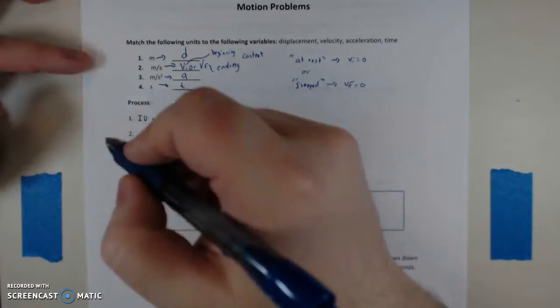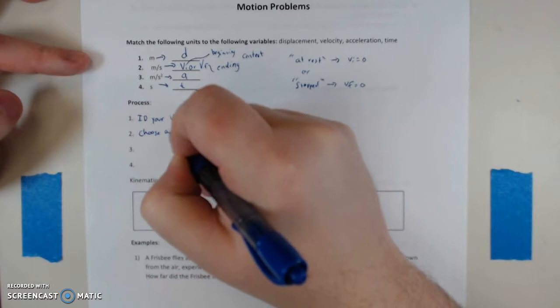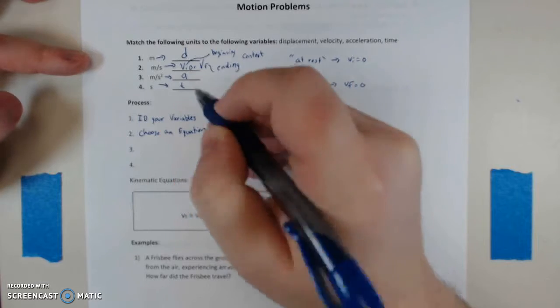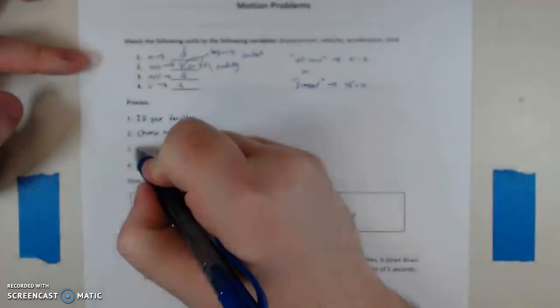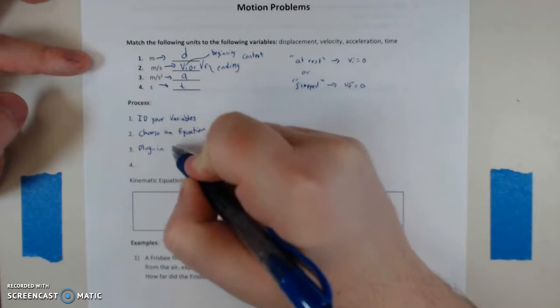Step 2, we are going to choose an equation. And I'll fill this one out a little bit more as we come across this in the example problem down here. Step 3, I'm going to ask you to please plug in and do so carefully.